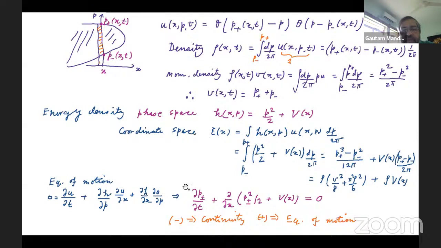When you simplify all that, what you find is some local equation involving the top, P plus, and some equation involving the P minus. So you get these two equations. When you take the minus of this, you get the continuity equation. When you take the plus of this, then you get the equation of motion.